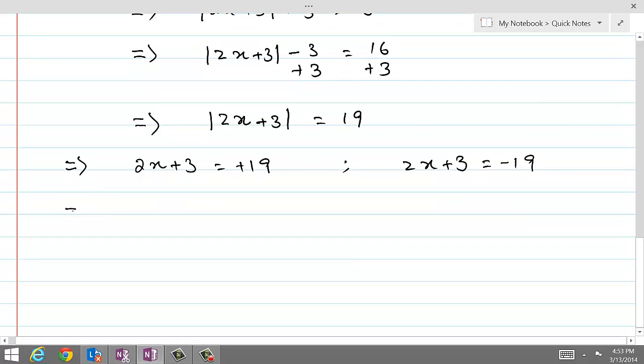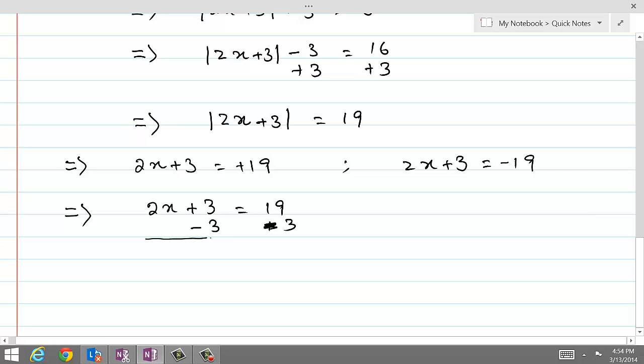If this is the case, then for solving we need to isolate x, the variable, on one side. This will give us 2x plus 3 equal to 19, and then take away 3 for transferring it from the left side to the right side, and minus 3 on the other side as well.